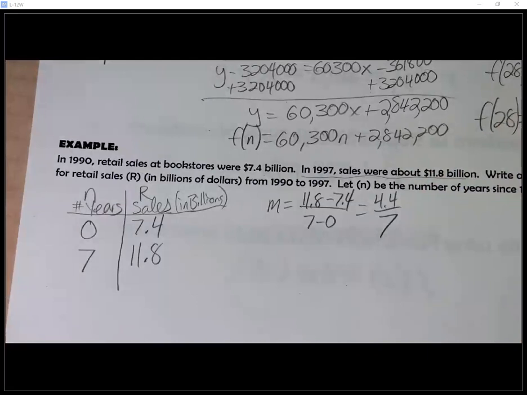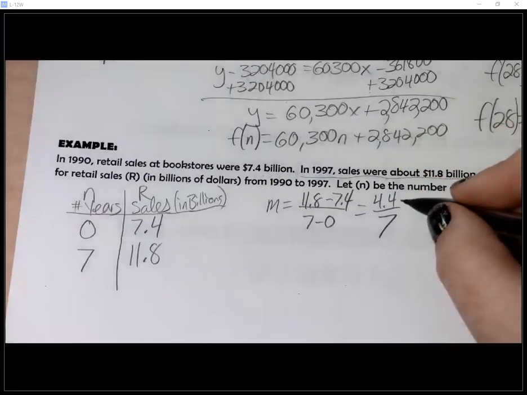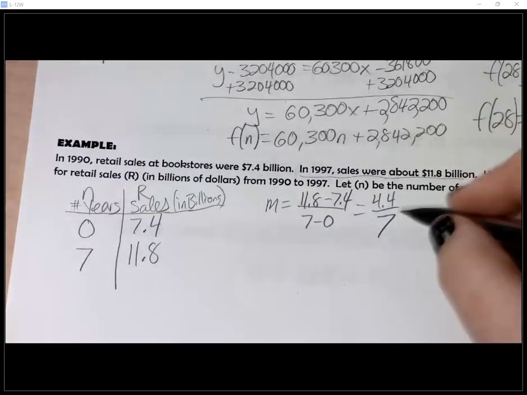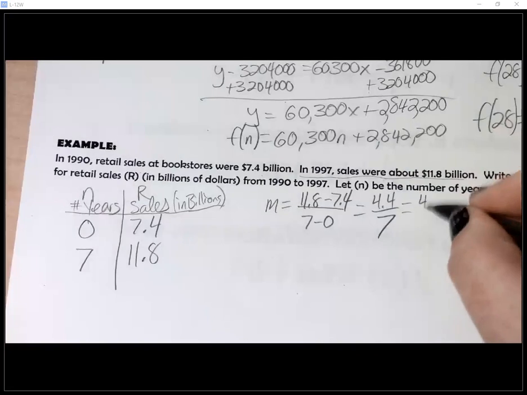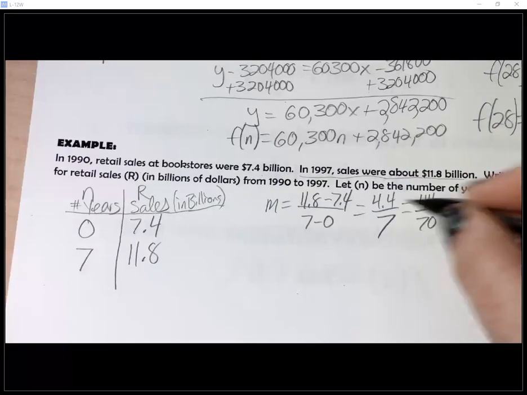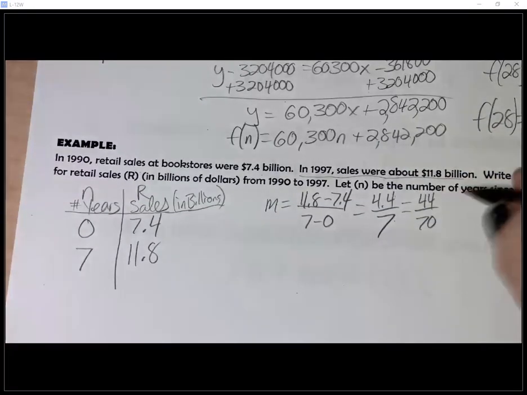If you don't want to have a decimal in a fraction, which normally we try to avoid, I could rewrite this as 44 over 70, right? If I multiplied by 10 over 10. Well, it's billions per year.